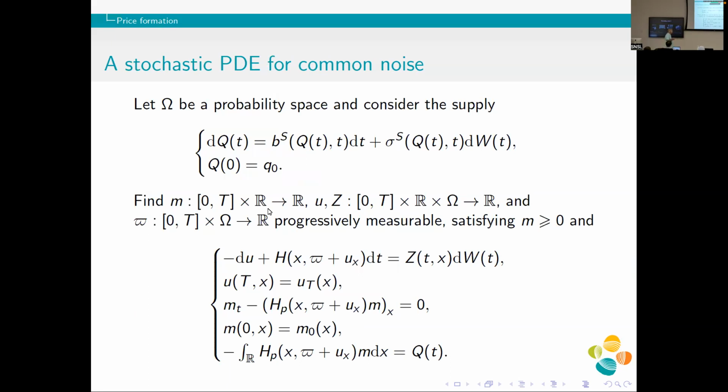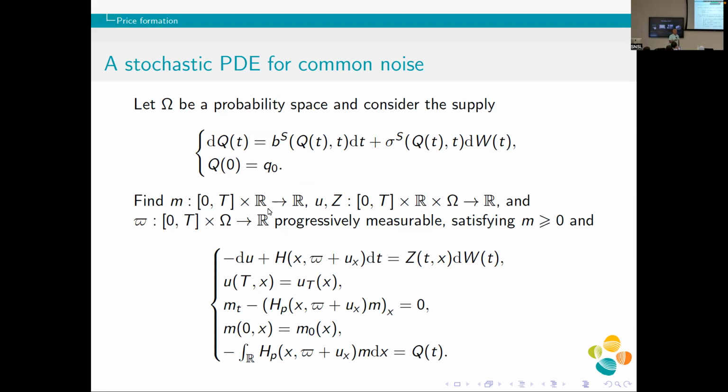In the stochastic case, you can consider, for example, discrete processes, but here the supply follows a diffusion, and what you want to solve is a stochastic Hamilton-Jacobi equation with terminal conditions, together with the transport equation and the balance condition.